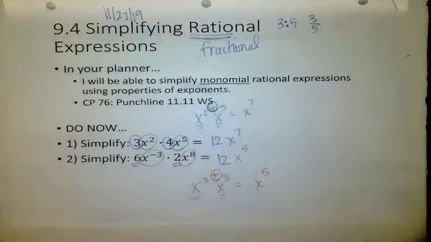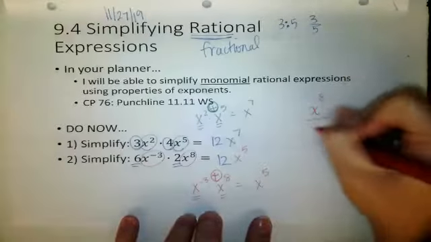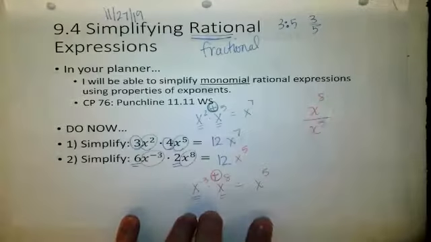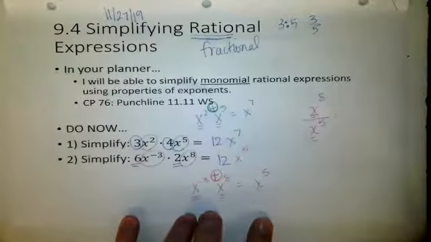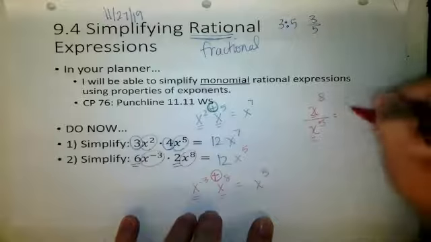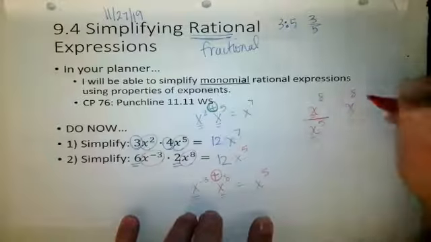Same rule applies. So then my question is, what if you have a division problem? X to the 8th divided by x to the 5th. If they have the same base, what do you think you do? You subtract the exponents. Top minus the bottom.